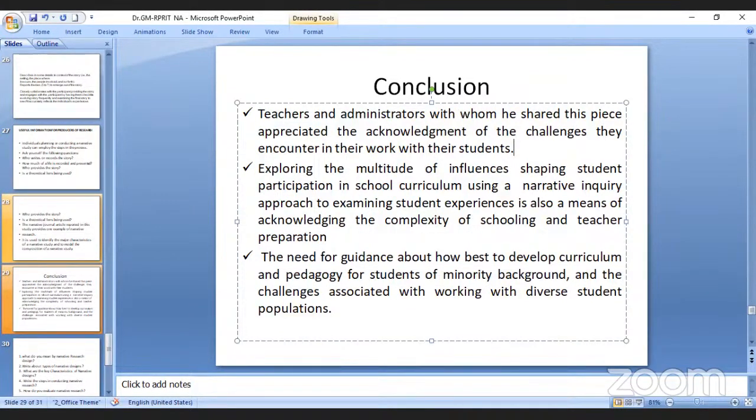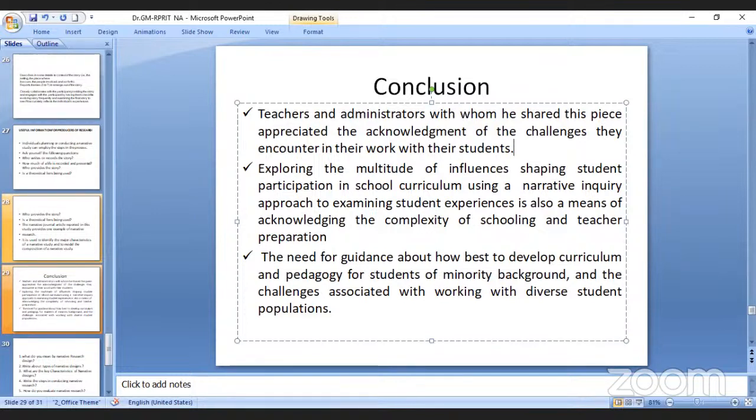They may face a lot of issues related to their background, context, socio-economic status, traditions, values, customs, and challenges associated with working with diverse student populations.